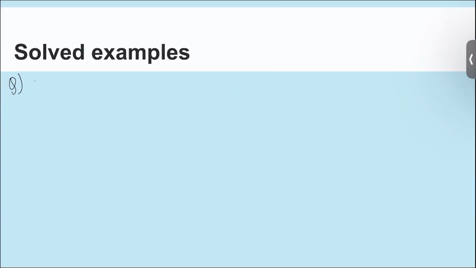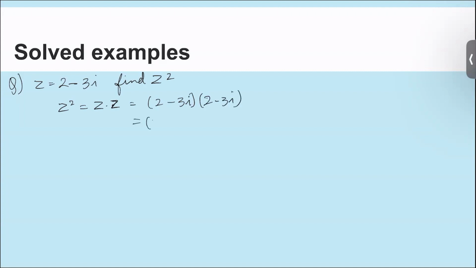Question: z is equal to 3 minus i. Okay, so find z squared. Now z squared would be equal to z times z. So you can just write it as (3 minus 2i)(3 minus 2i), or you can just expand using the identity.